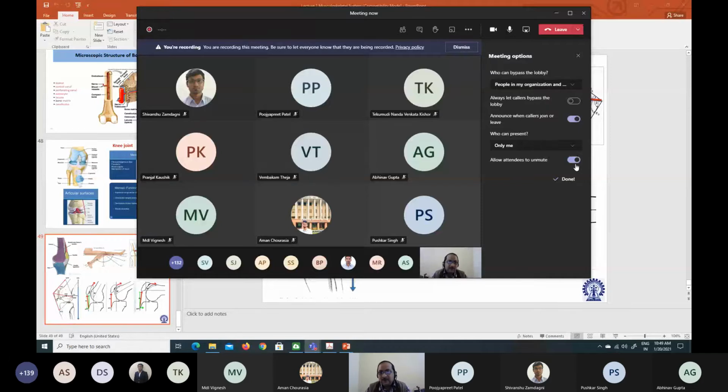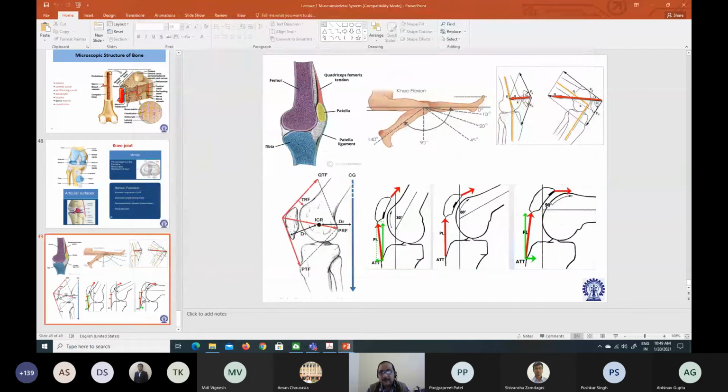Now let me move on with the lecture. I think these slides are very clear for you to understand. This is a side view. As you can see, we have the tibia, we have the femur, and we have the patella.